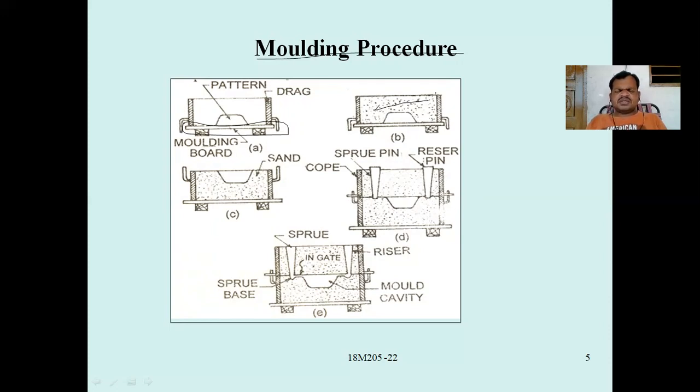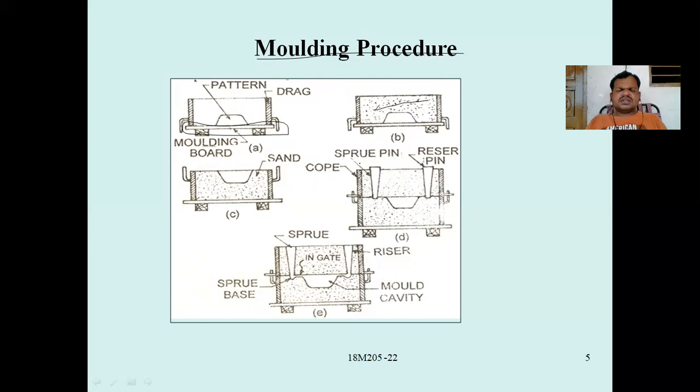And you see here, in the same D diagram, we have two vertical positions, what we have called screw pin as well as riser pin. So also called runner and a riser.